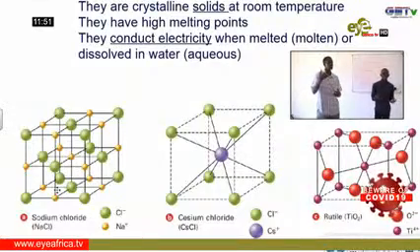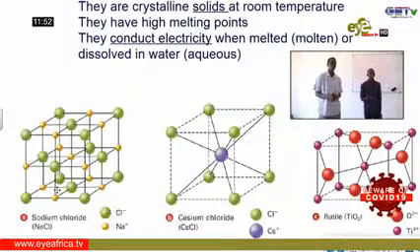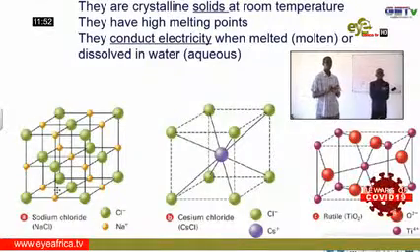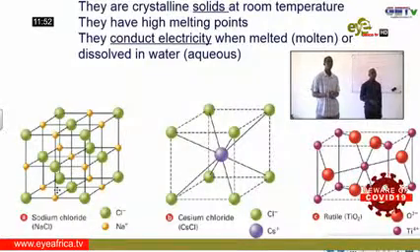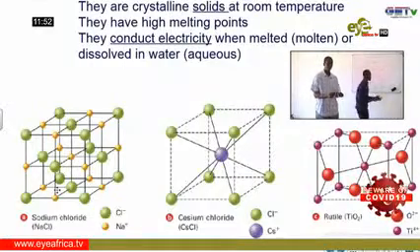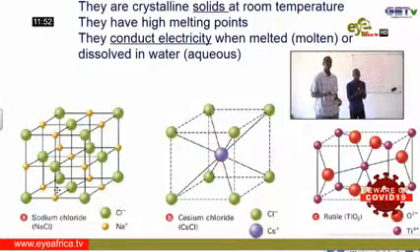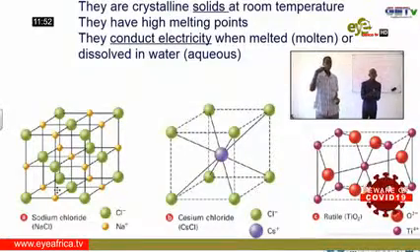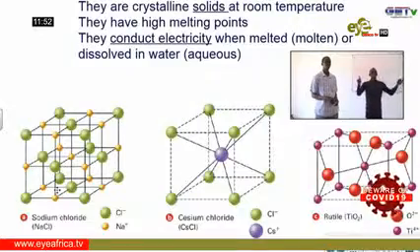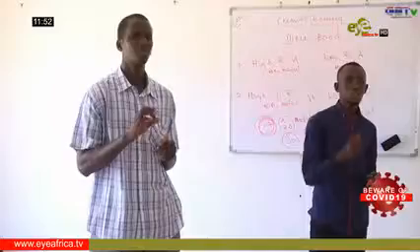Lattice structure is a dimensional arrangement of the molecules in their crystalline form. Again, they have high melting points and also boiling points. That is, whenever a metal and a non-metal react and form an ionic compound, the compound will have high melting and boiling points, because the force of attraction there, which is electrostatic force of attraction, will be very, very strong.